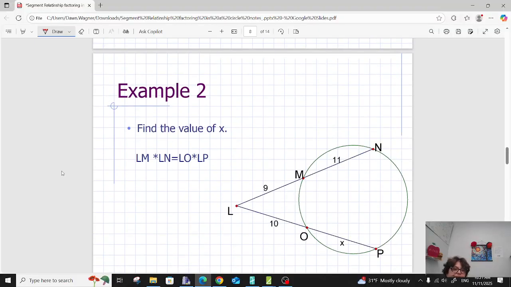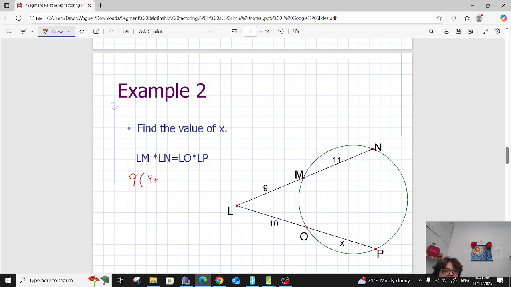Let's apply them. Okay, so here it says, because I rewrote the theorem here, LM times LN has to equal LO times LP. So here you would get LM is 9, but what's LN? 20.